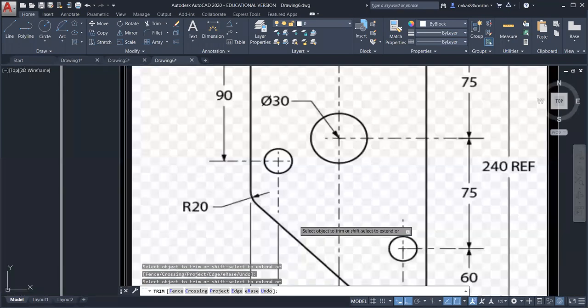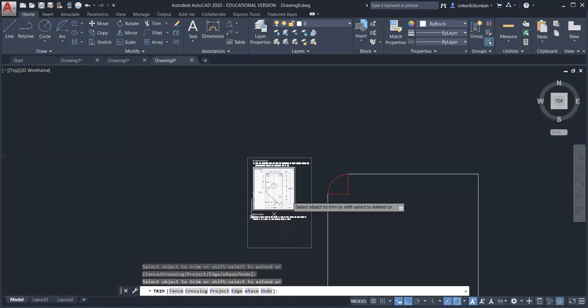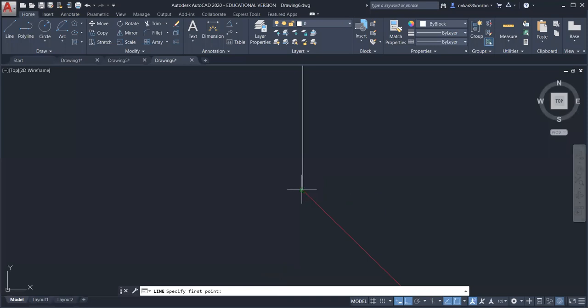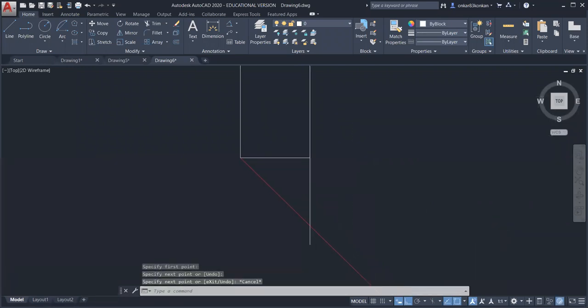So here the fillet is R20. That means we have to draw one circle at R20. So for that, first draw one parallel line. So take the distance 20. And from this, draw a parallel line. You can follow the parallel line procedure, how to draw the parallel line.